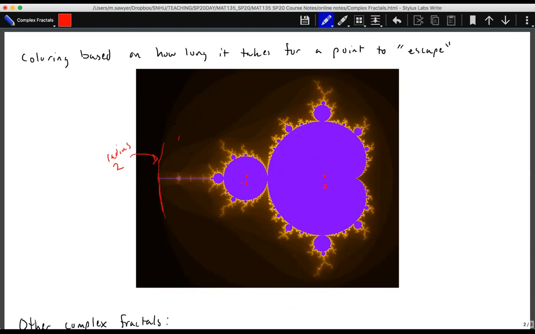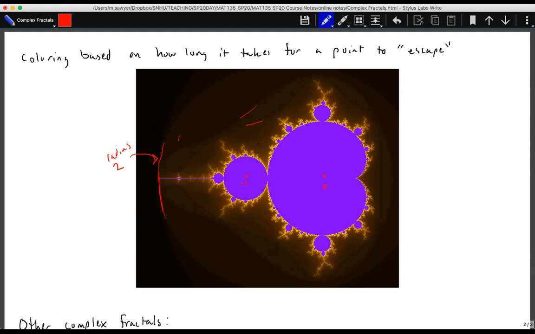So anything outside of the radius 2 is already gone because that's our boundary edge. If you look carefully with the colors, and we'll do an example of this in a moment, we can see that the color gradient changes as we get closer and closer to the circle. You see that you've got some colors here, here, and here. So we see the color gradient is changing as we get closer in to the Mandelbrot set.